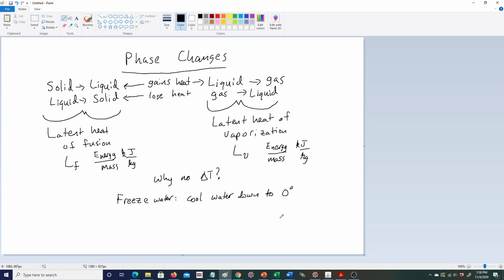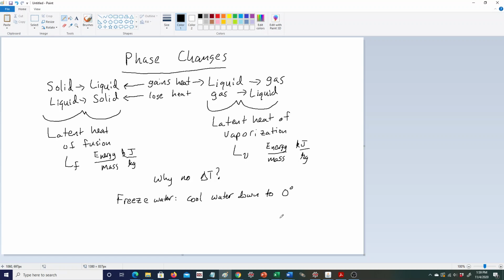Now, if I were to close the top and there were no energy transfer from any one part of the surface of the water more than any of the other parts, then it would freeze uniformly. But in any case, we're going to assume a uniform freezing process here. The first step is to cool our water down to 0 degrees Celsius.